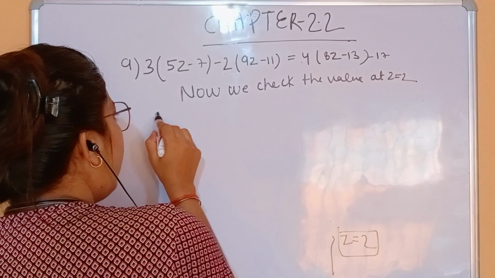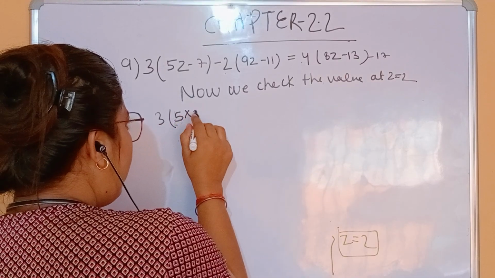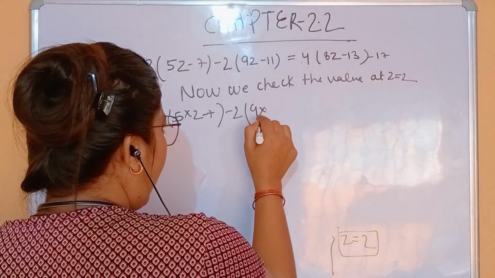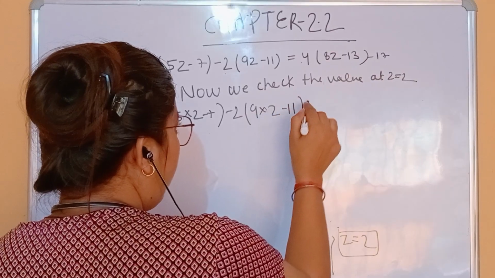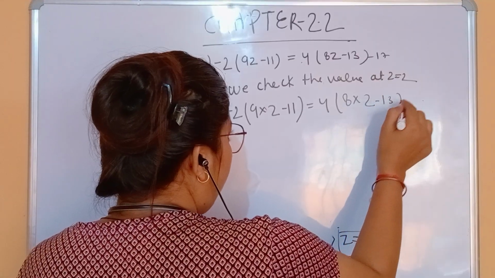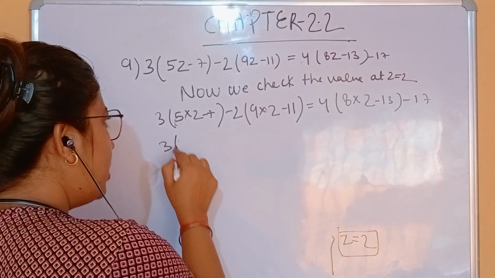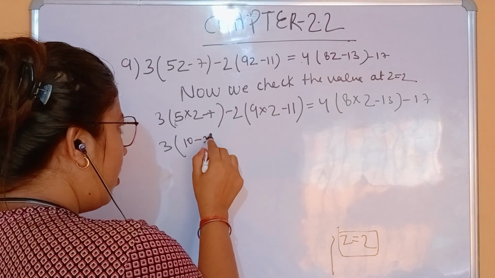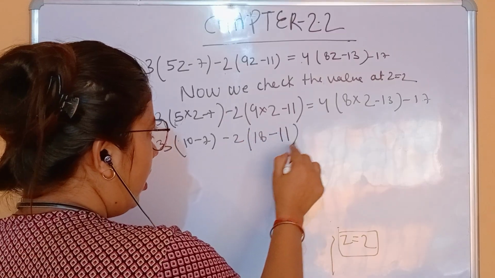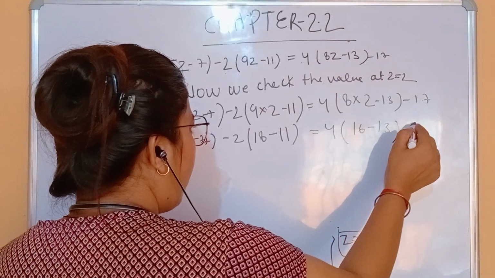So 3 times (5 times 2 minus 7) minus 2 times (9 times 2 minus 11) equals 4 times (8 times 2 minus 13) minus 17. So 3 times (10 minus 7) minus 2 times (18 minus 11) equals 4 times (16 minus 13) minus 17.